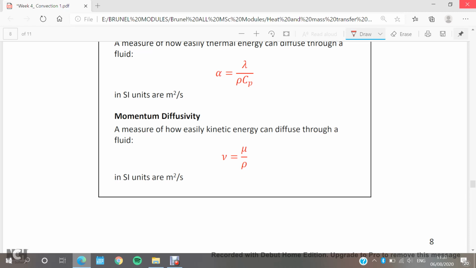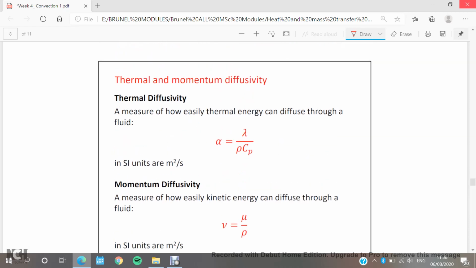Let's say, for example, the momentum diffusivity is how easily the kinetic energy can diffuse through a fluid, a bulk of fluid. Thermal diffusivity is the same: how easily the thermal energy or the heat diffuses through a fluid.